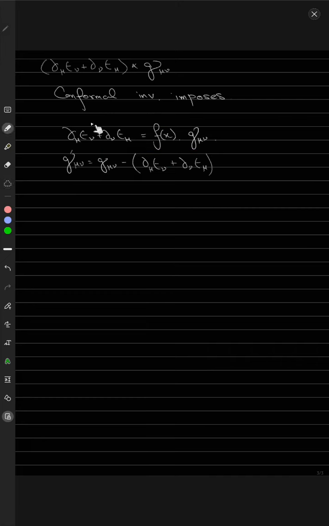So you can see that this thing is equal to f of x times g mu nu. And here I have this g prime mu nu as g mu nu minus partial mu epsilon nu plus this thing, which is this thing. So let's just write it like this. Now, if you remember, how did I define this thing?